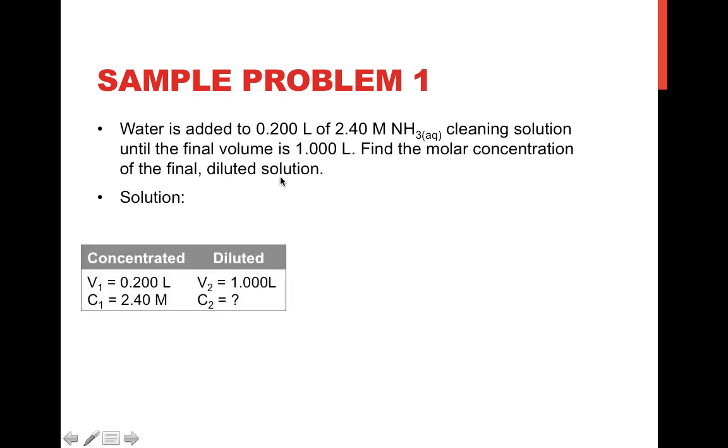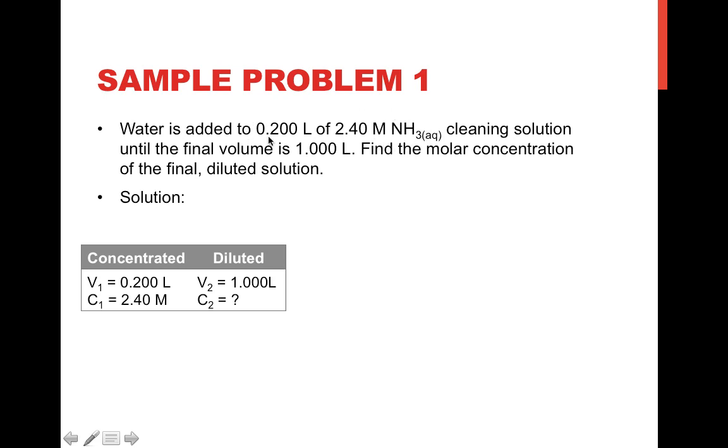To do these problems, what I like to do is set up a table to simplify it. I'll always set it up with concentrated on the left and diluted on the right. With concentrated, that's your C1 and V1. With diluted, that's C2 and V2. The question says water is added to 0.2 liter of 2.4 molar NH3.